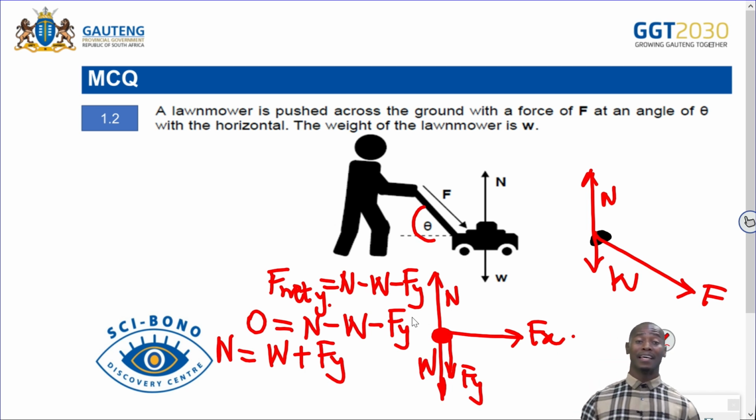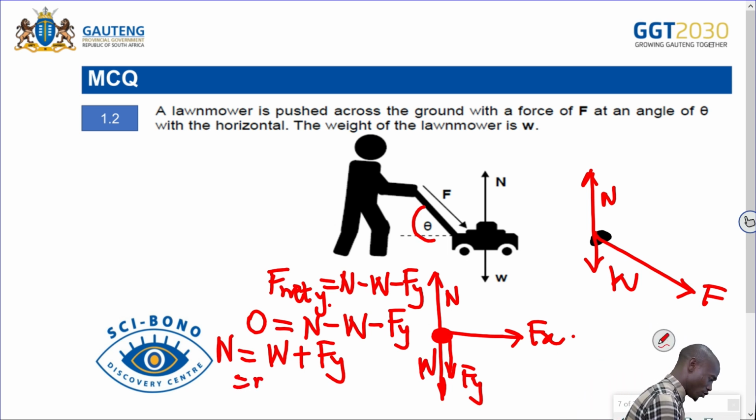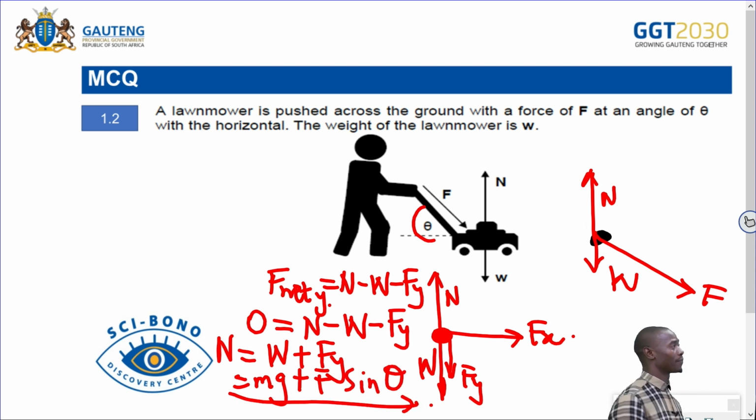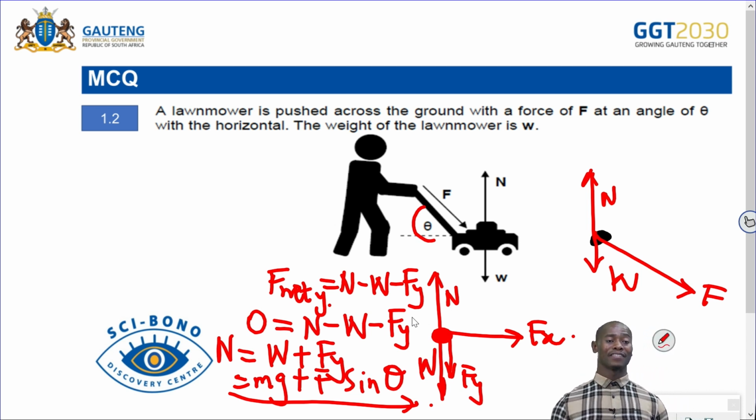Same with the vertical component. So this will be Mg, which is how we calculate weight, plus Fy, which is given by F sine theta. So it's weight plus Fy, which is the same as Mg plus F sine theta.